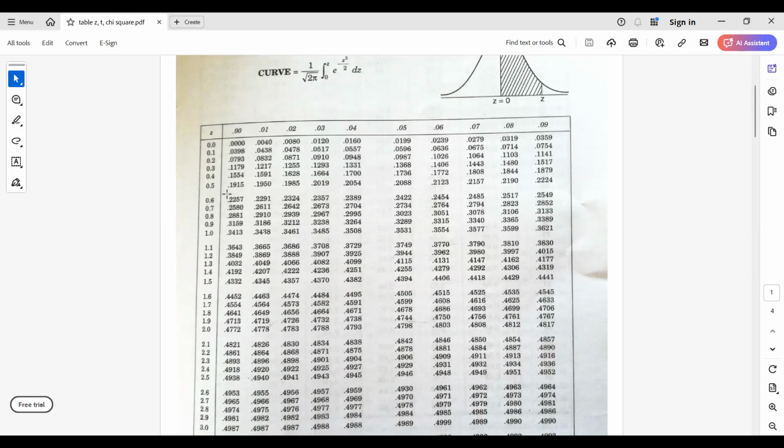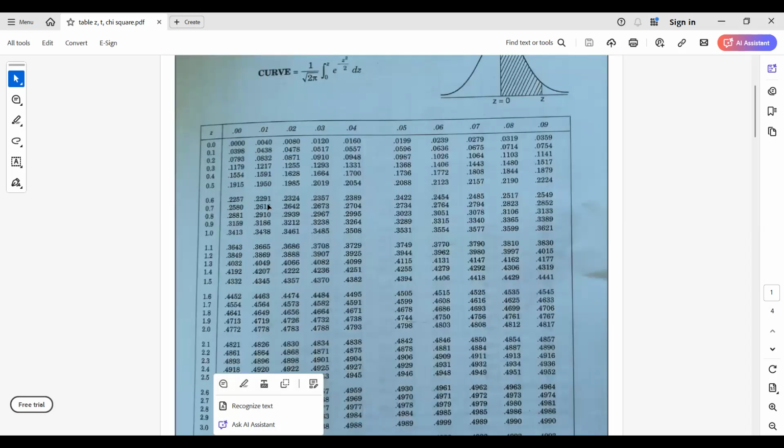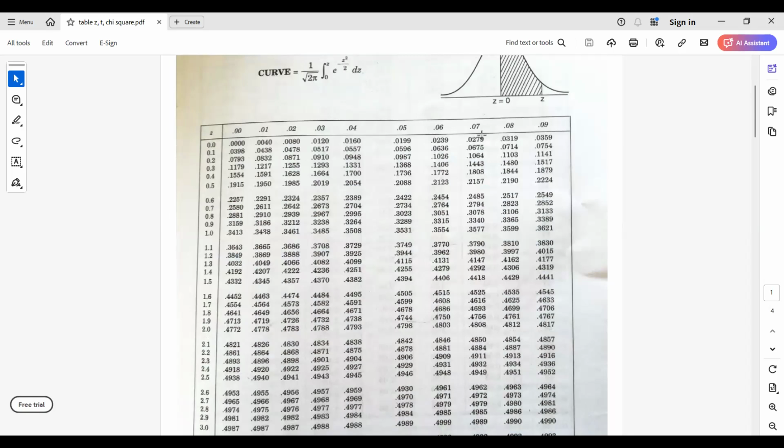Similarly, suppose we have the value 0.68. We take 0.6 this side and 0.08 this side, and take the intersection value. So this is 0.2517.